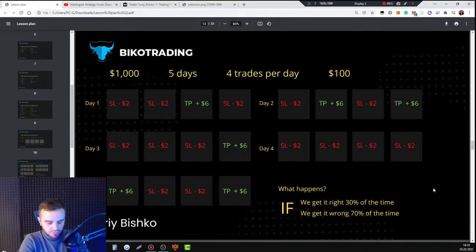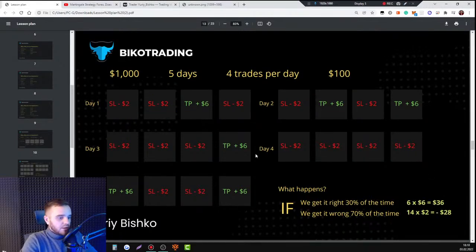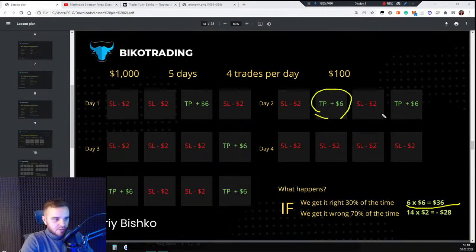Friends, we calculated it. If you calculate all of this, and imagine that you are right only 30% of the time, based on this math, we have only 6 take profits and we have 14 stop losses. We took 20 trades and we are still in a profit.